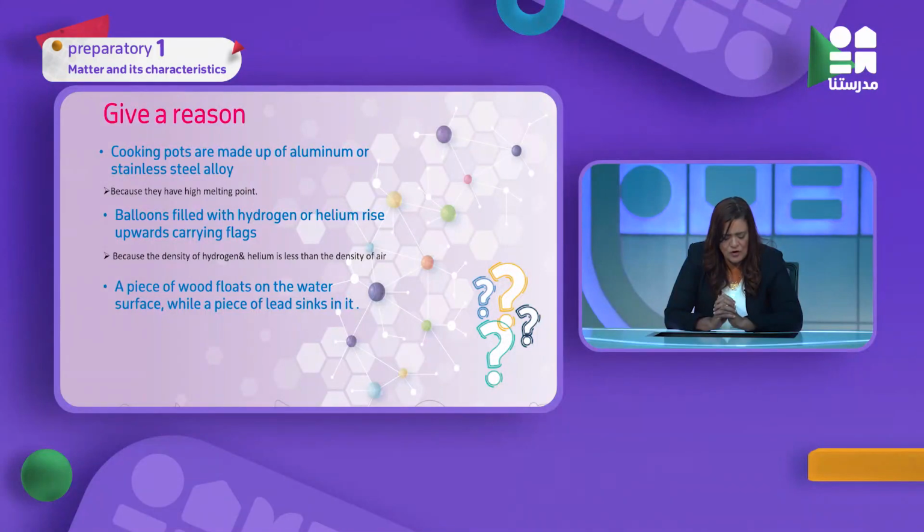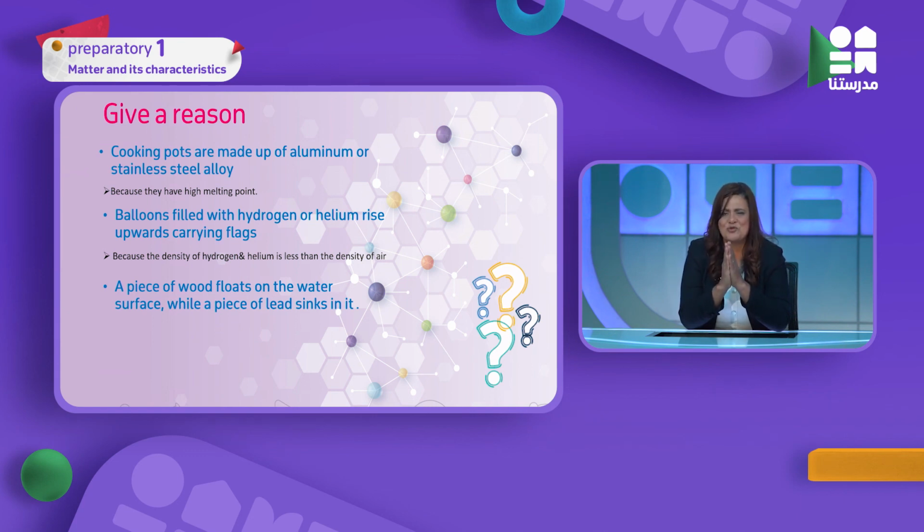طيب what else بقى؟ A piece of wood floats on the water surface while a piece of lead, ده something is matter like iron like copper عنده high density يعني sink in it. طب ليه الليد sink وليه الwood floats؟ لازم تعمل comparison ما بينه وما بين الدنسيتي اوف ووتر. الدنسيتي اوف ووتر 1 جرام بير كيوبيك سنتيمتر، يبقى الوود يبقى less than 1 جرام بير كيوبيك سنتيمتر. طب what about lead must be more than 1 جرام بير كيوبيك سنتيمتر.